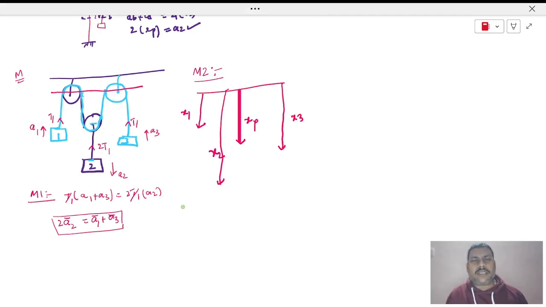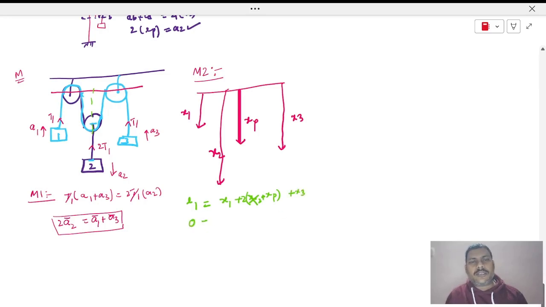From this I'll get the equation like this. The length of string 1, L1, is equal to x1 plus, so this is, oh sorry, x2 is not there, 2xp. From here to here I have taken xp. So no problem, 2 into xp plus x3.